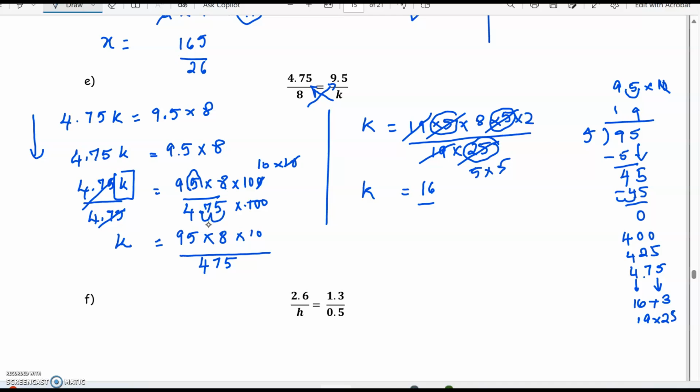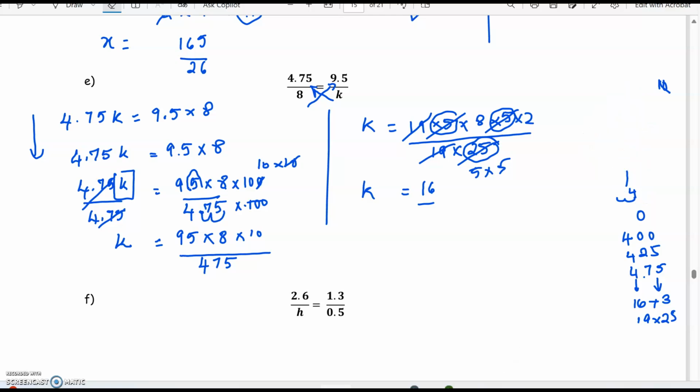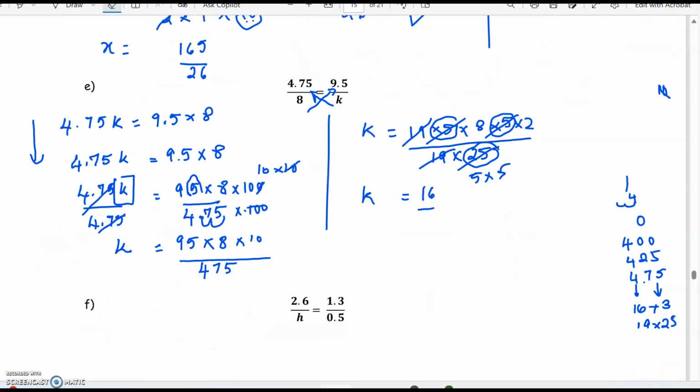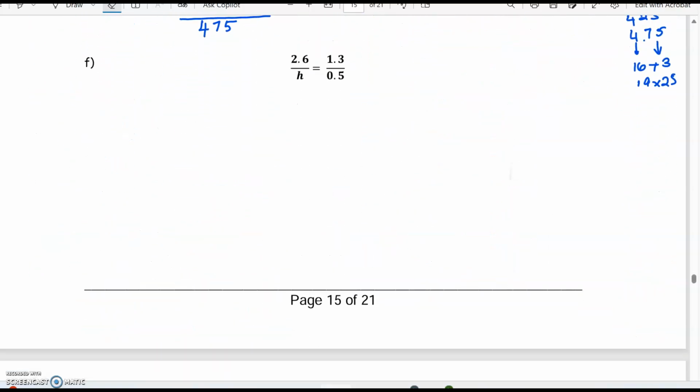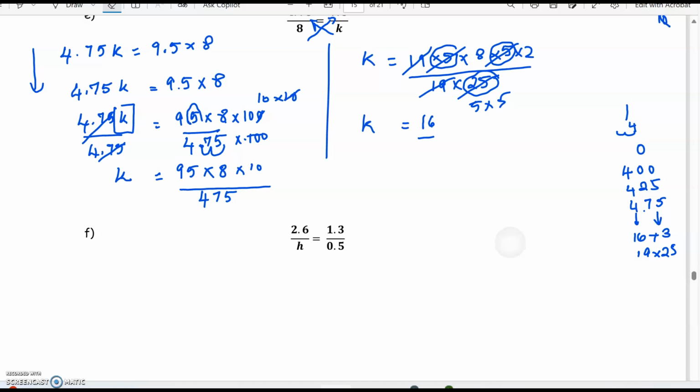And if you want to check your answer, you can plug it back into the equation and make sure that it works.